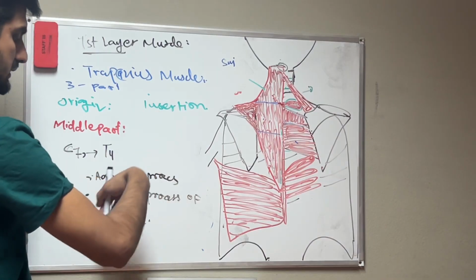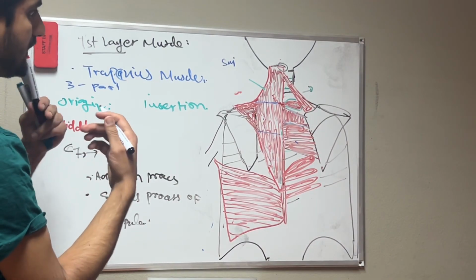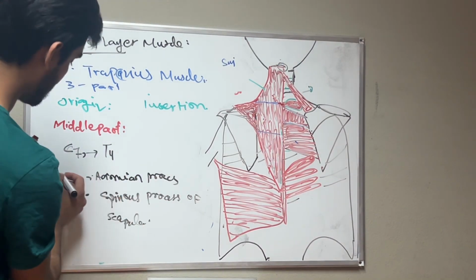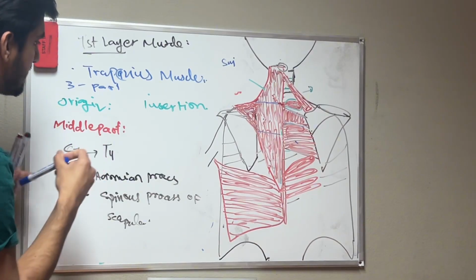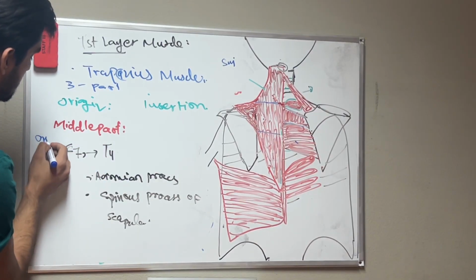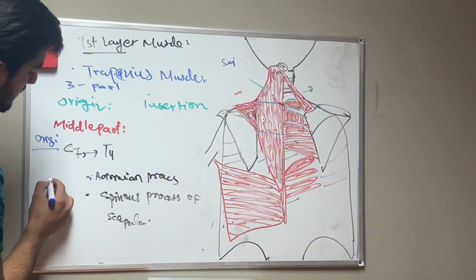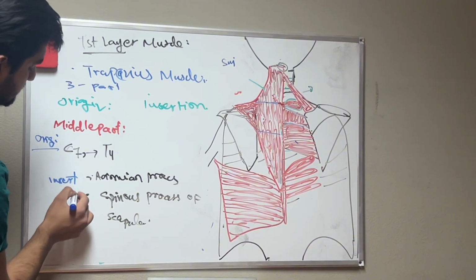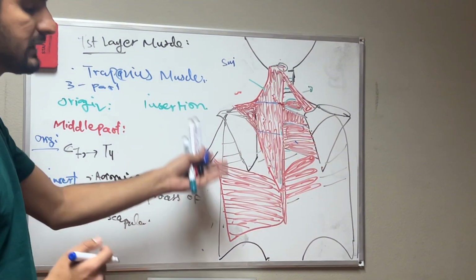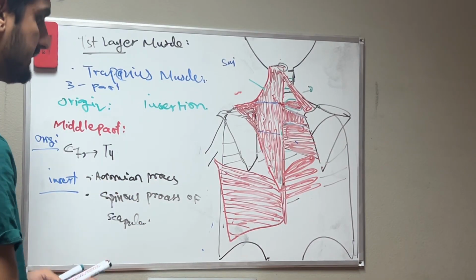This is the insertion, and this is the origination. This is the origin of the middle part, and this is the insertion of the middle part. These are the origination and insertion of the middle part of the trapezius muscle, which we discussed.